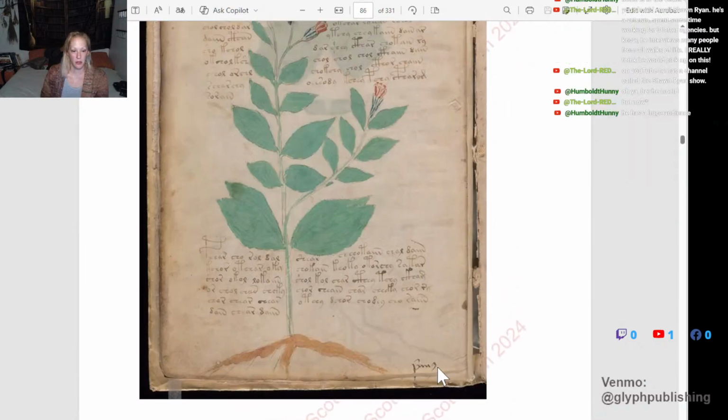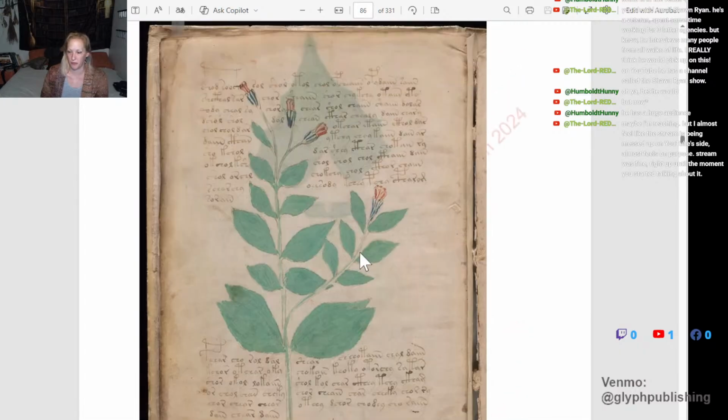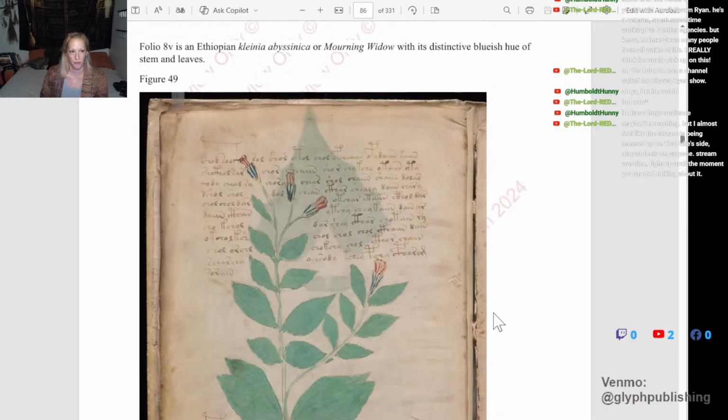So this is the end of Primus. I have no idea. So this is the end of Primus. Okay, we've identified all of those plants.